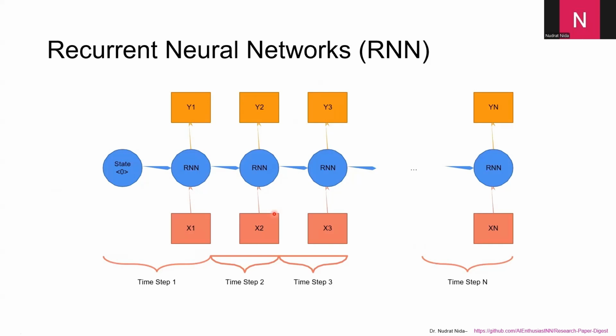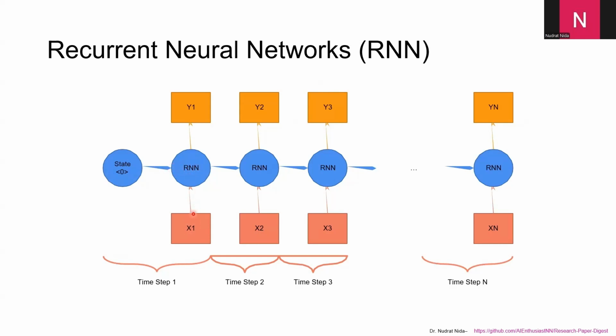Before the transformer, there was a deep learning model known as the recurrent neural network, and it was considered able to map long-term dependencies. But there are certain drawbacks of using recurrent neural networks. How does a recurrent neural network work? It takes the input state and passes it to the recurrent neural network.